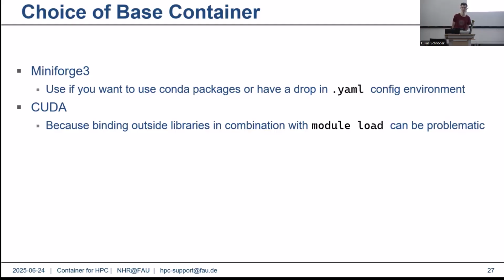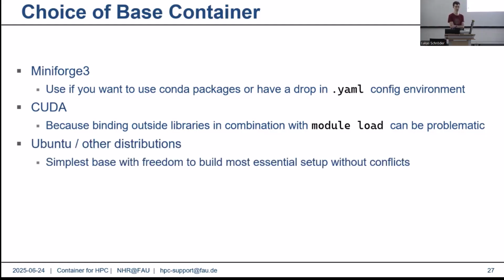So the best solution is to use an NVIDIA container, which already has the CUDA driver installed. In this way, you can also test different drivers. So my advice would be, if you depend on CUDA, look at base containers that are already built for CUDA usage, because binding it can be problematic.